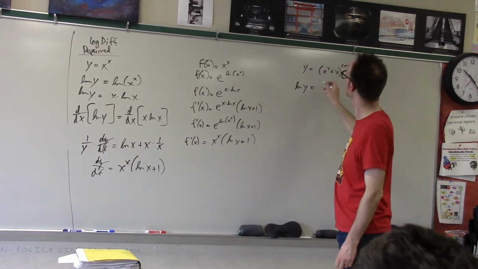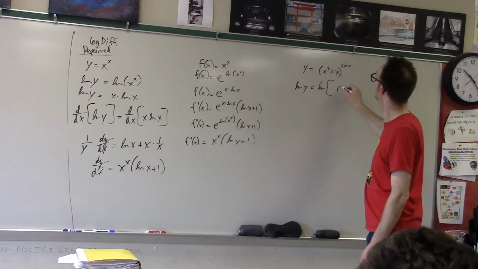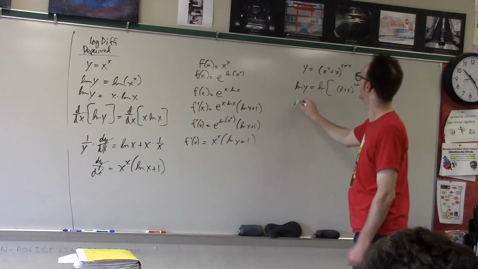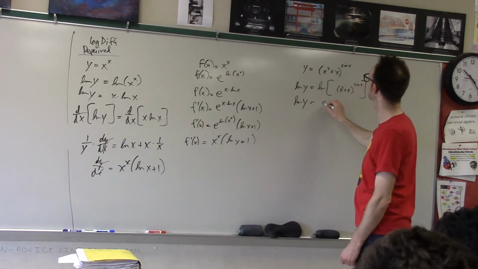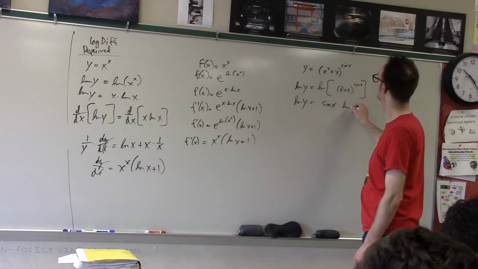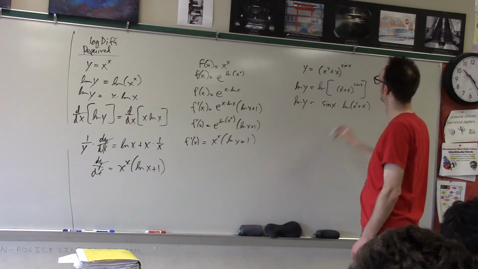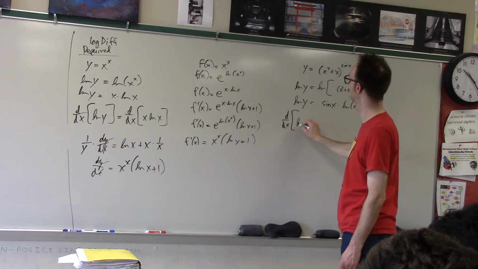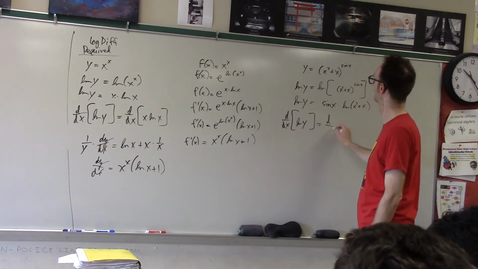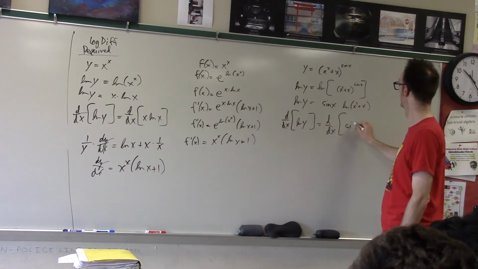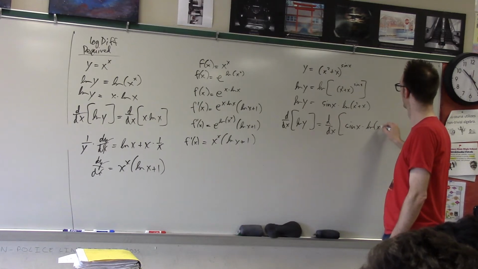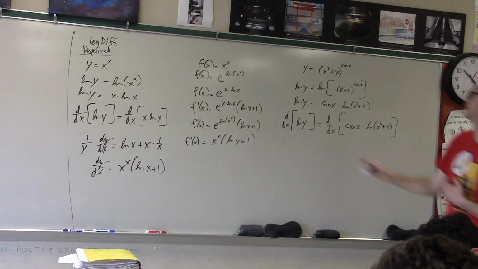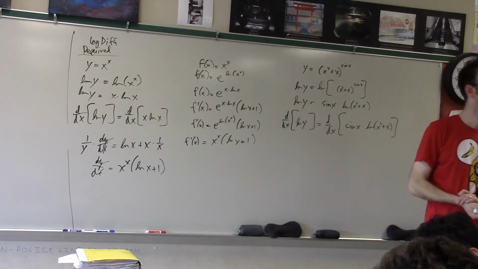Take the ln of both sides. Apply log rule. Differentiate both sides with respect to x. We good?